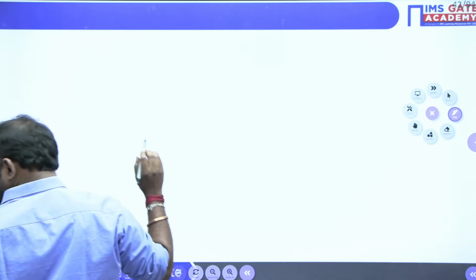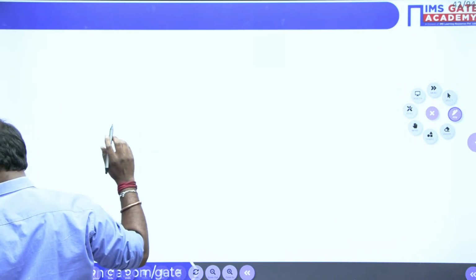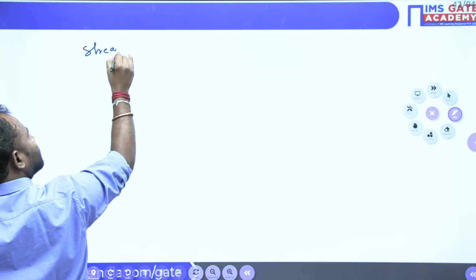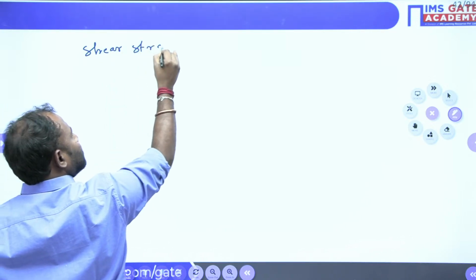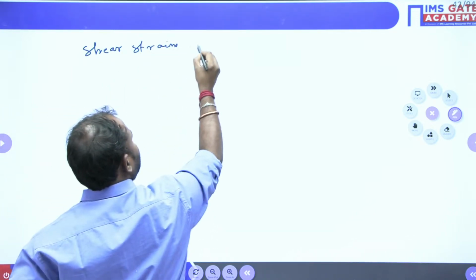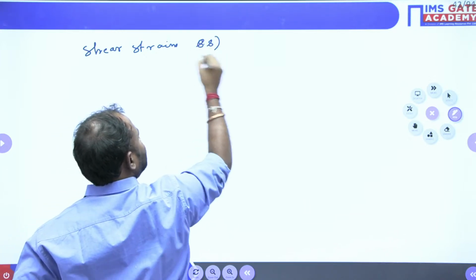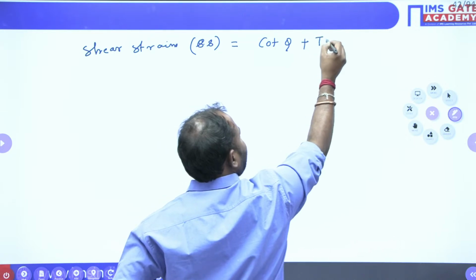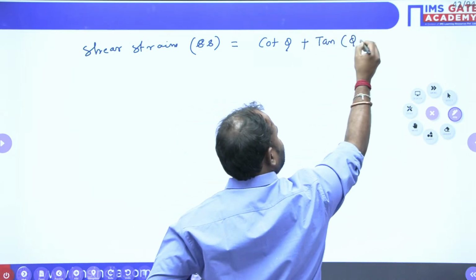Yeah, we have to find the shear strain. Shear strain equals cot phi plus tan of phi minus alpha.